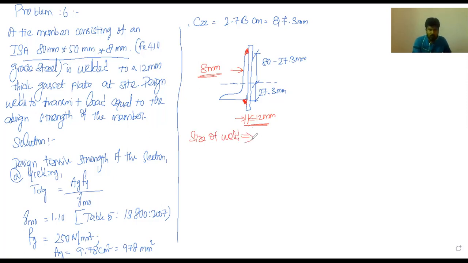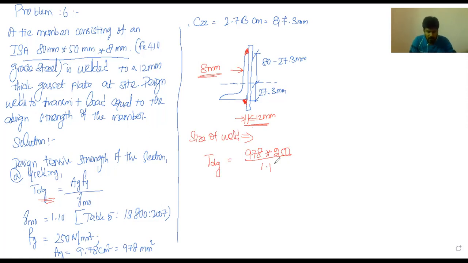Now let us first find out the value of design tensile strength. So T_dg is equal to 978 multiplied with f_y 250 divided by gamma_m0 1.1.